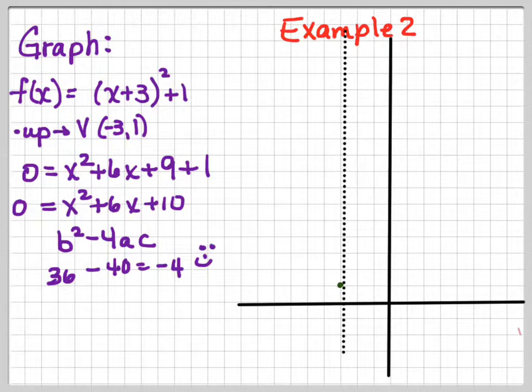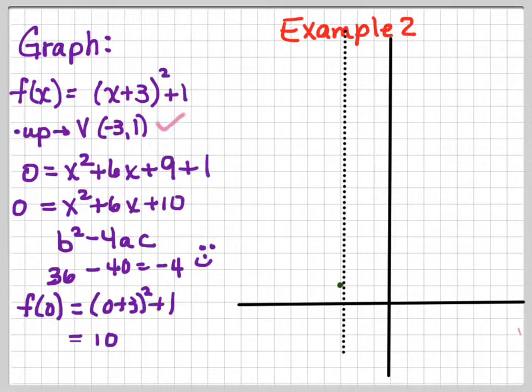This stands to reason because our vertex is at -3, 1, and it opens upward. If it opens up and my vertex is above the x-axis, then it's not going to cross the x-axis. So that's something you need to think about on all the problems that you do.